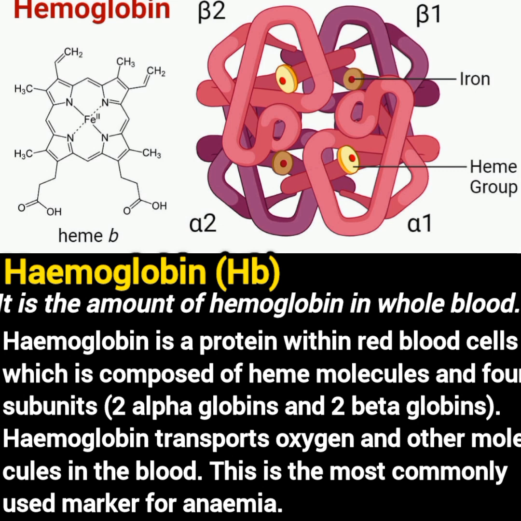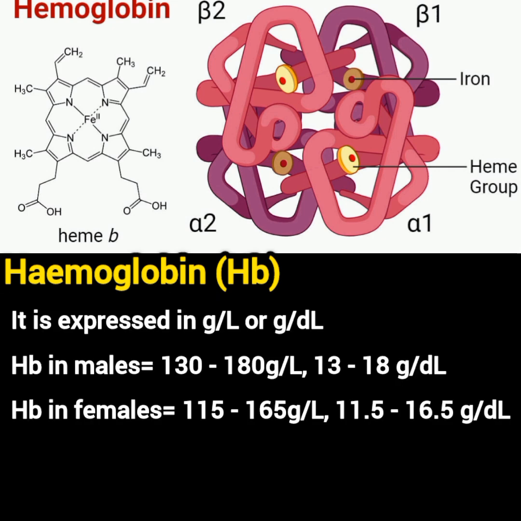Hemoglobin transports oxygen and other molecules in the blood, and this is the most commonly used marker for anemia. It is expressed in grams per liter or grams per deciliter. For the range, hemoglobin in males is 13 to 18 grams per deciliter, and in females 11.5 to 16.5 grams per deciliter.